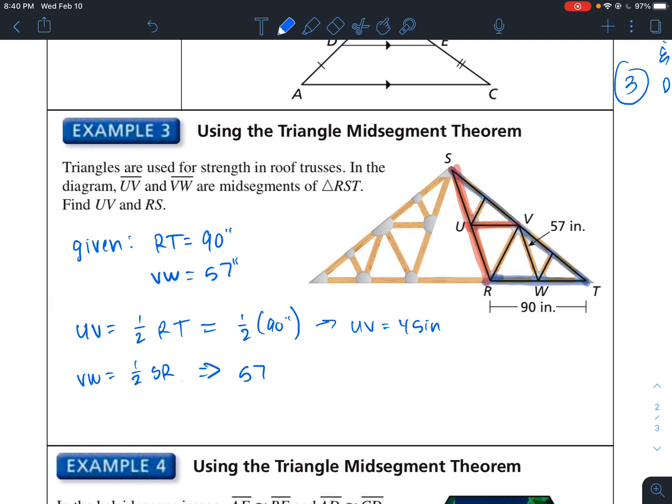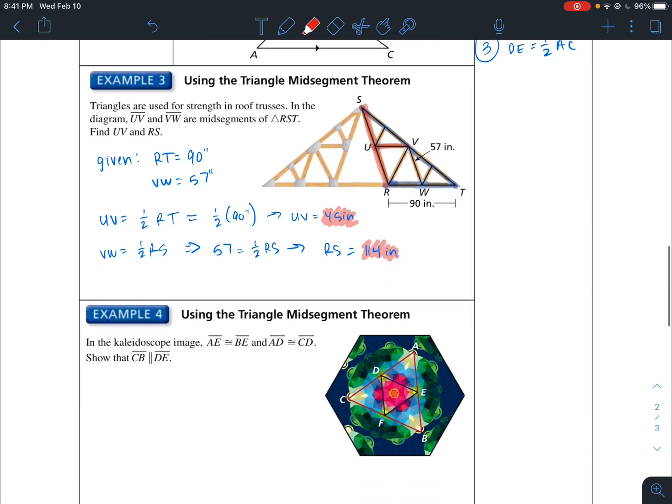So I know 57 is equal to 1/2 SR. So if I want to find the length of SR, or RS, I guess I should say RS, because that's what the book is asking for, so RS, then I multiply by 2, so then RS will have to be equal to 114 inches. Alright, there you go. Let's do one more problem here.